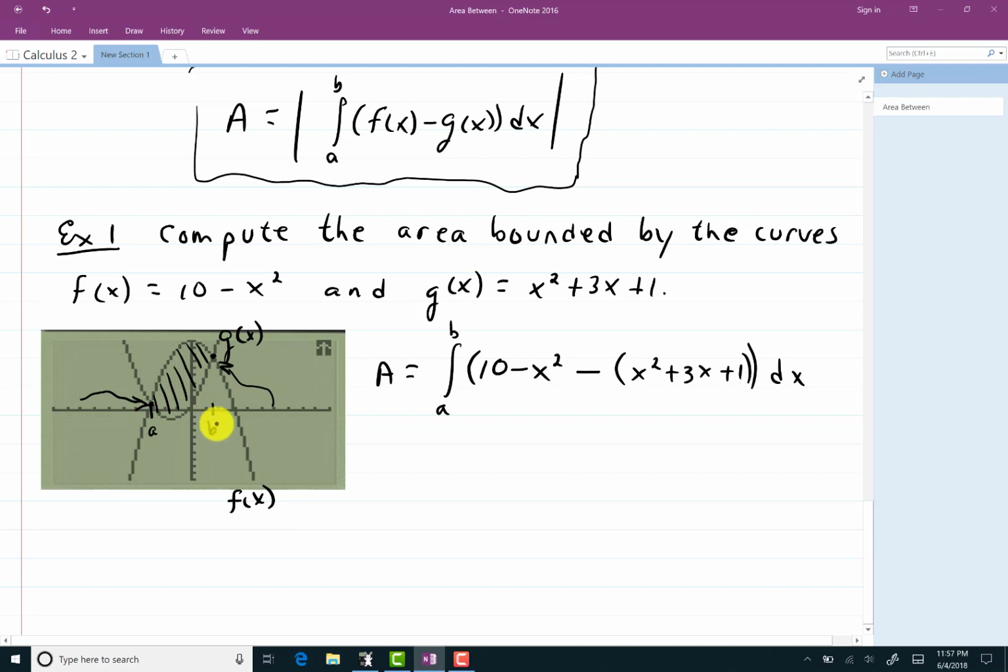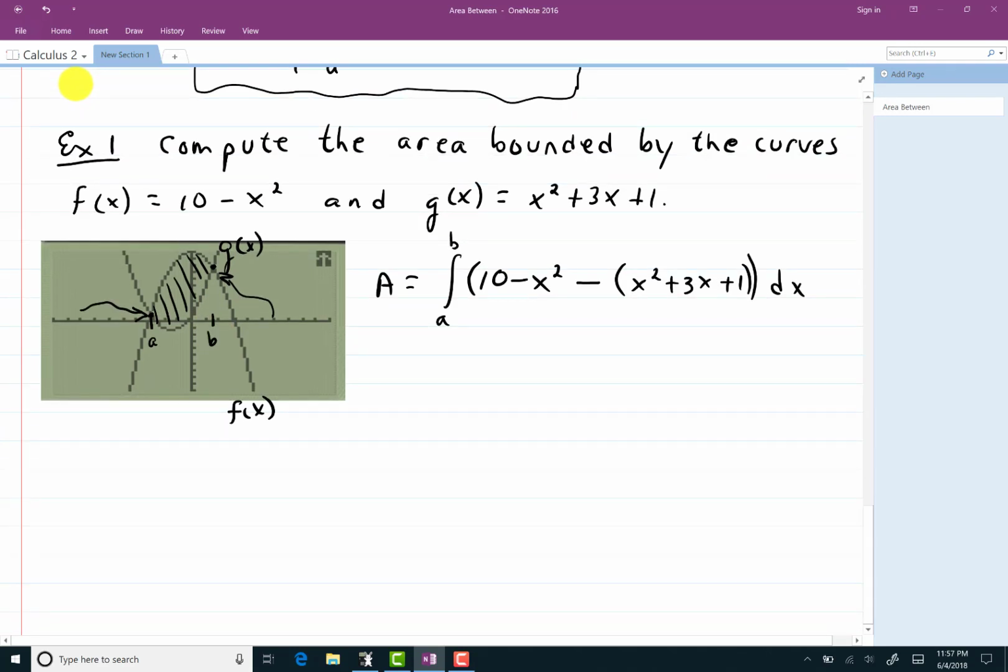How do you find out where two functions intersect? Well, you set them equal to each other. 10 minus x squared equals x squared plus 3x plus 1, and then solve for x.